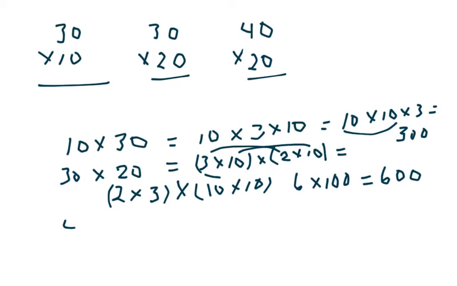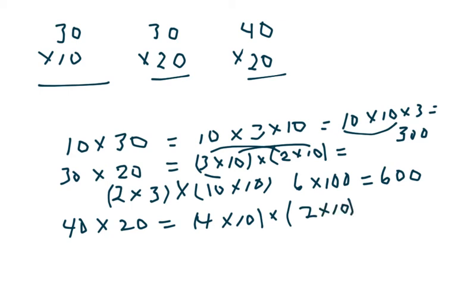Well, and the 40 times 20 is the same type of thing. We get 4 times 10 times 2 times 10. Okay? And that then is 4 times 2. It's all multiplication, so we can commute and associate, times 10 times 10.